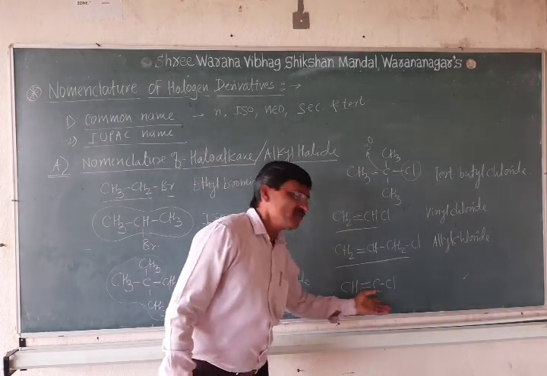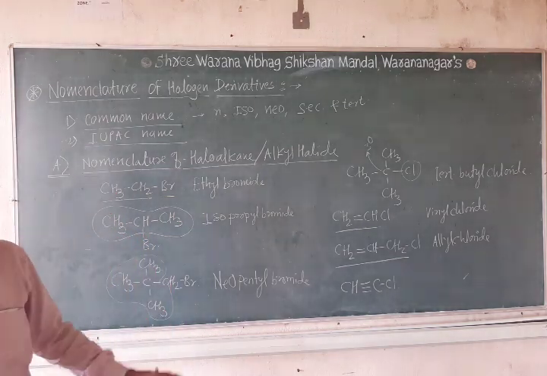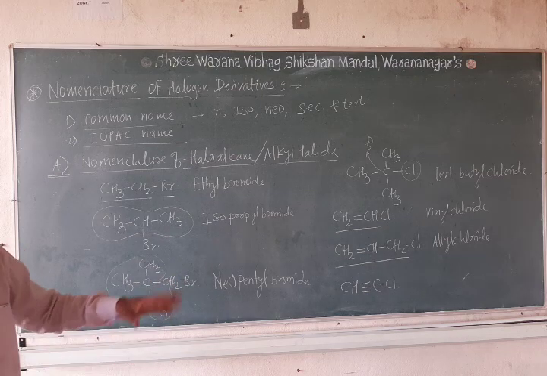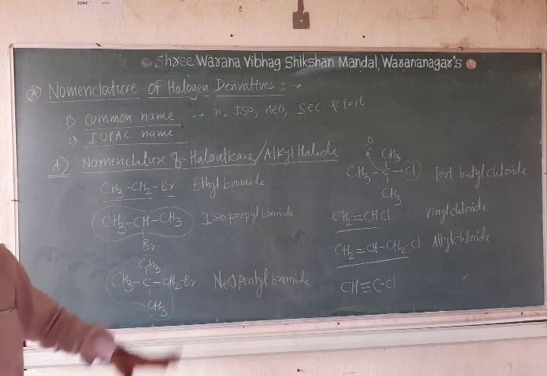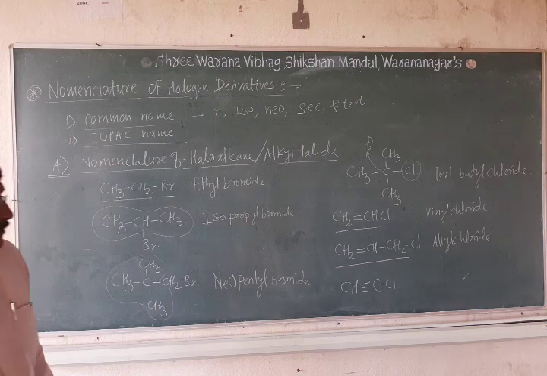What is this? This is nothing but the group CH≡C, that is nothing but acetylene. Acetylene belongs to the alkyne, and that's why the name of the compound is nothing but chloroacetylene.